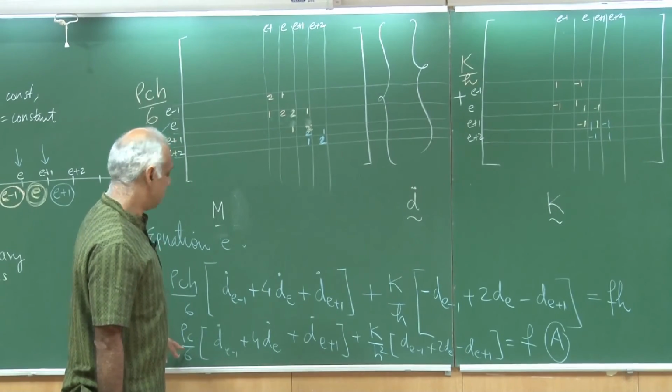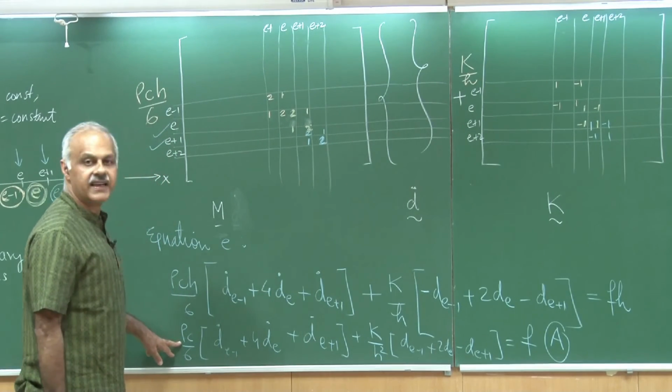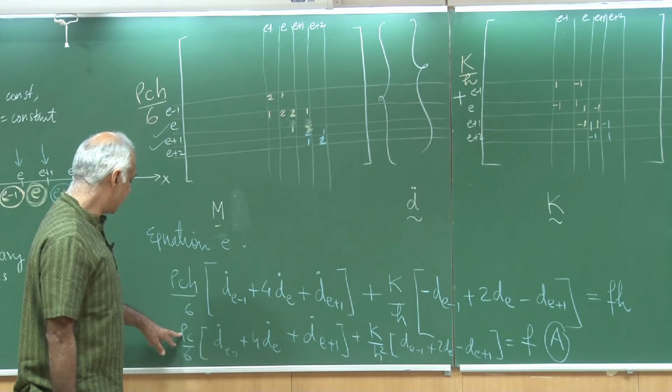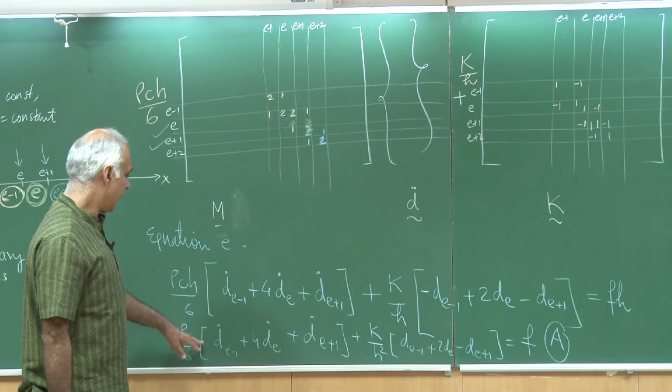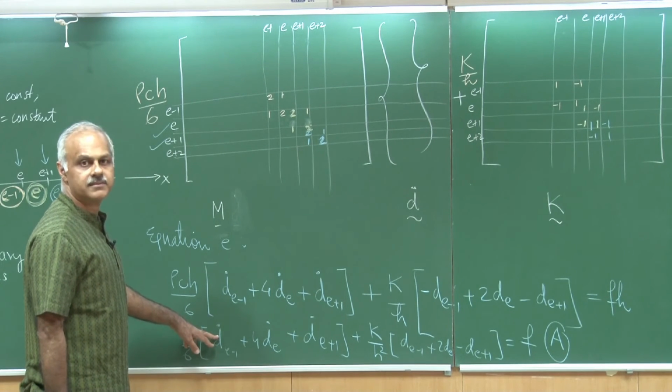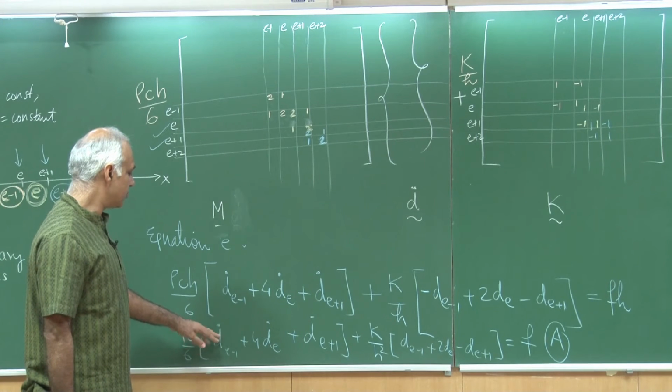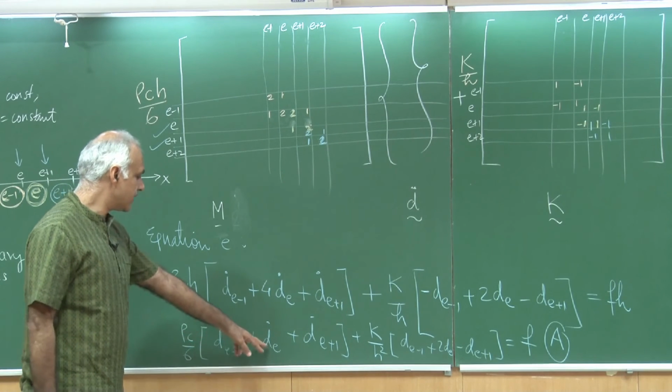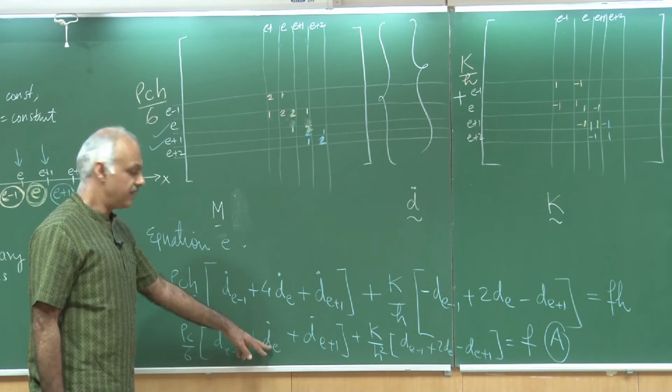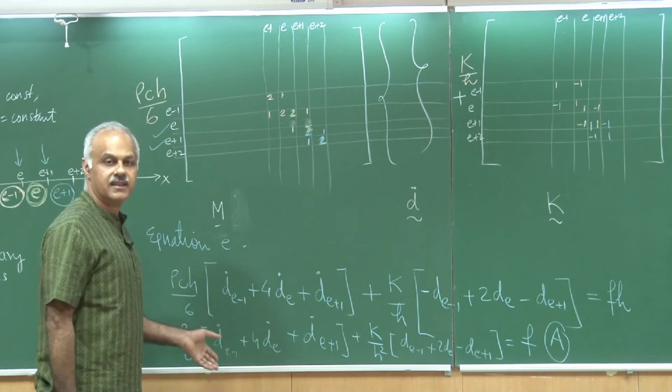Let us see the first term. In the finite element method, I am getting rho c by 6, and then the d dot term, the time dependent term, seems to have a spatial contribution not just from d dot E, but also from the neighbors.